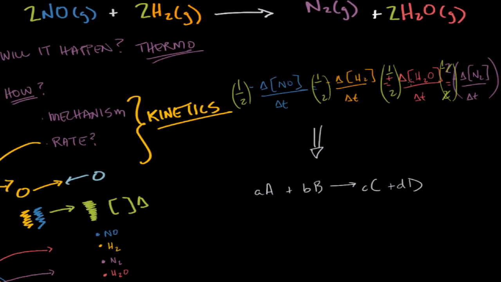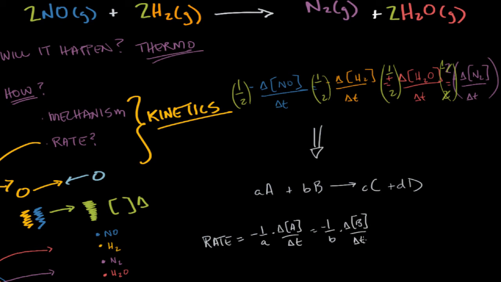And if we were to write the rate like we did above generically, you would see it written like this. You would see that negative 1 over little a, our moles of A, times the change in concentration of A over the change in time, so the rate of that consumption, is equal to negative 1 over little b times the change in concentration of our B reactant over time.